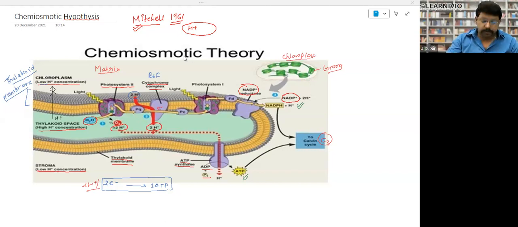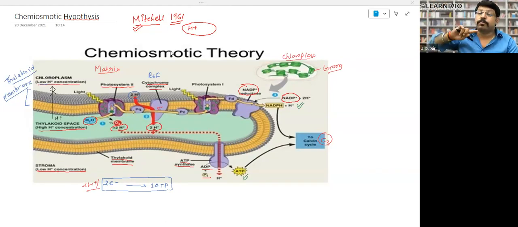Electron transport in both respiration and photosynthesis produces a proton gradient, in bracket hydrogen ion. We will study the same concept in respiration in mitochondria.